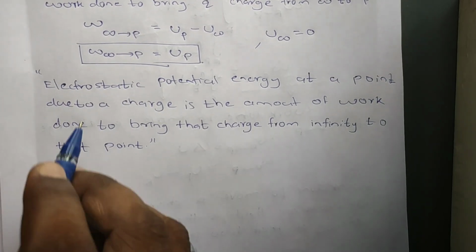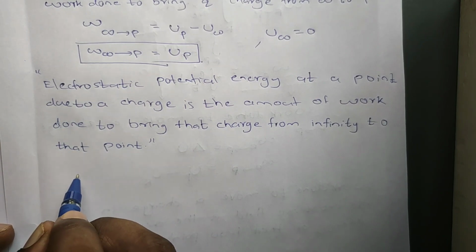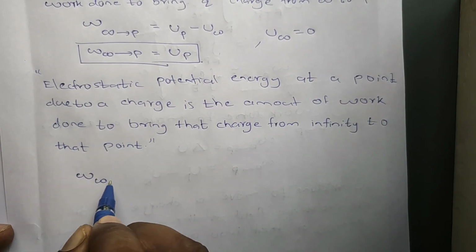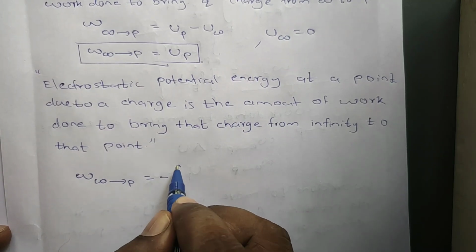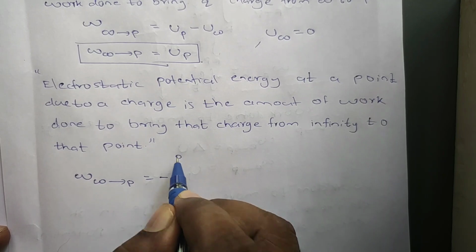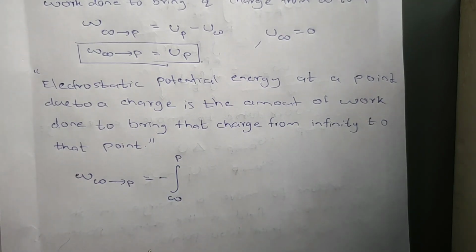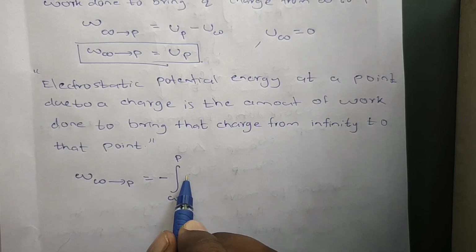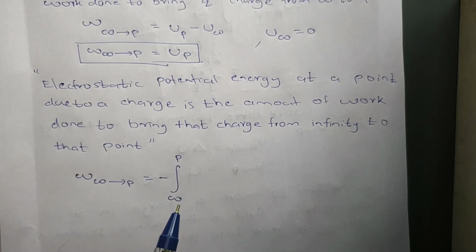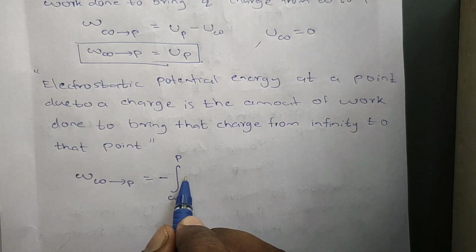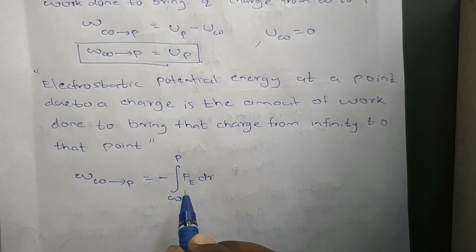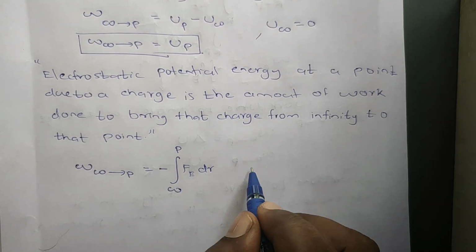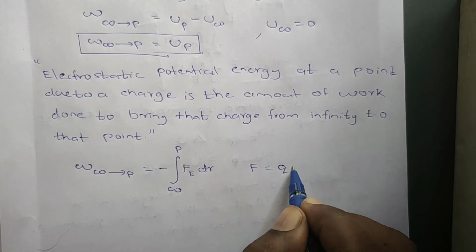Okay, so what is the value of this work done? The work done to bring a charge from infinity to point P is, as we already know, minus the integration from infinity to P of F_e dot dr, the electric force times the displacement. What is this F_e? We know F_e is QE.